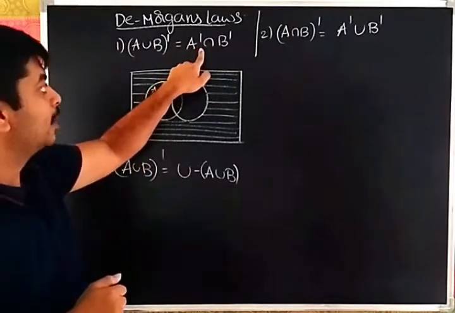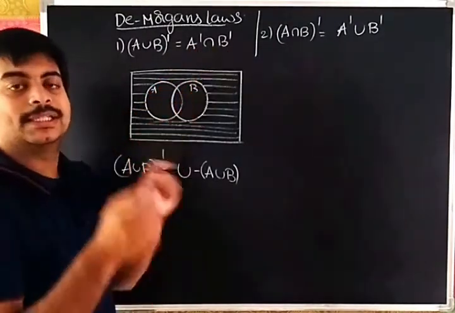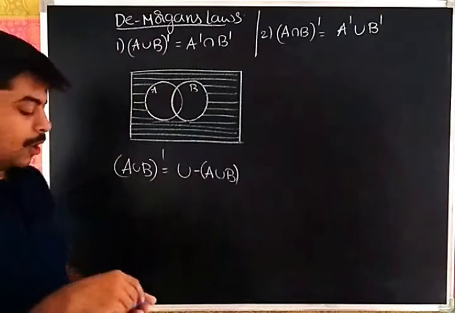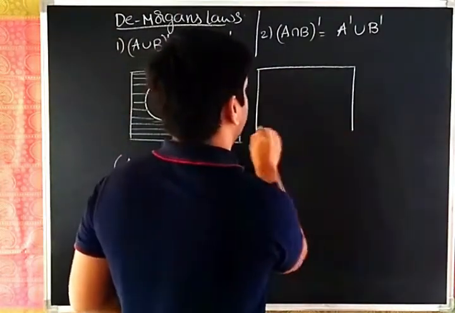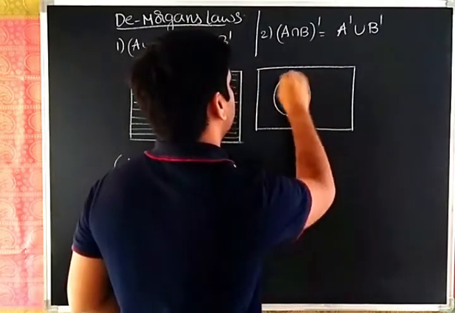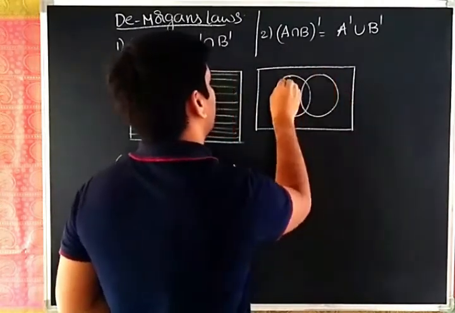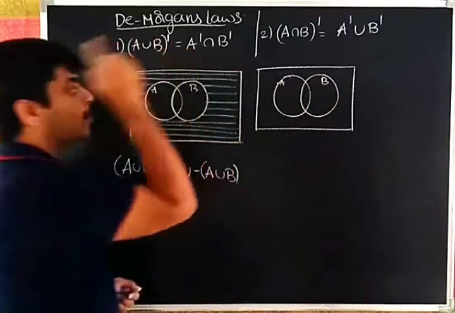Now we will also see A complement, B complement, and the intersection between these two. What is A complement? I will draw again in diagrams. The first diagram is only about A complement.